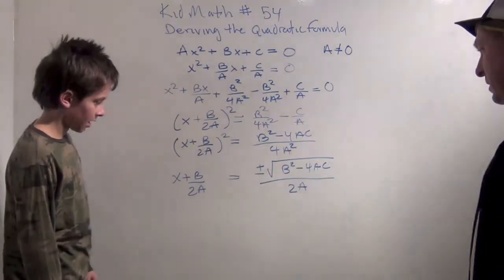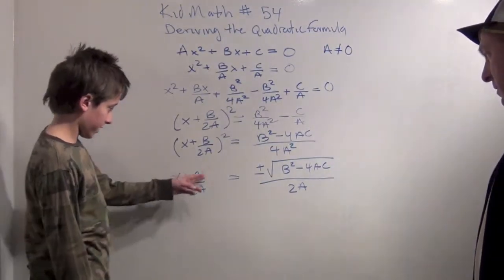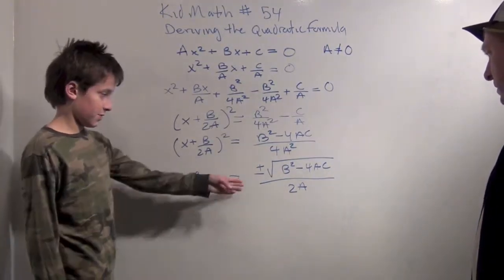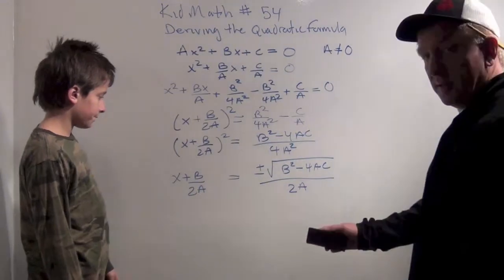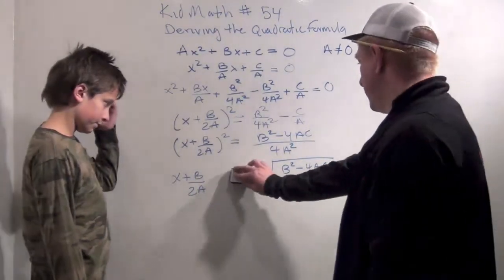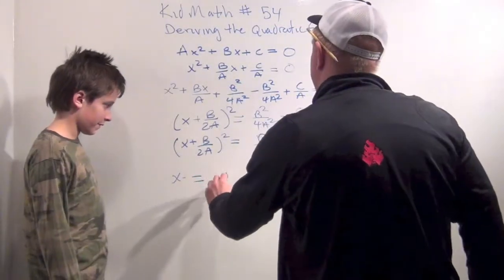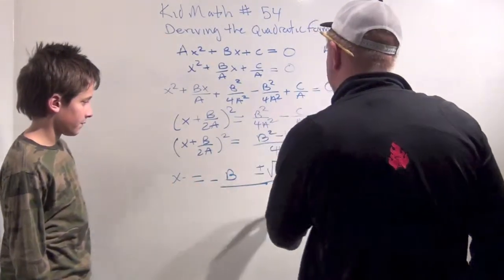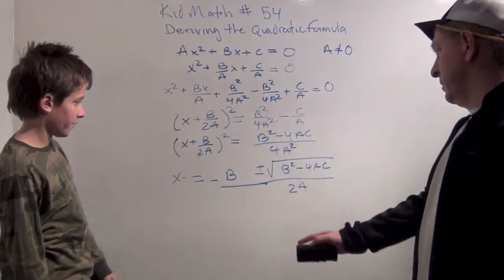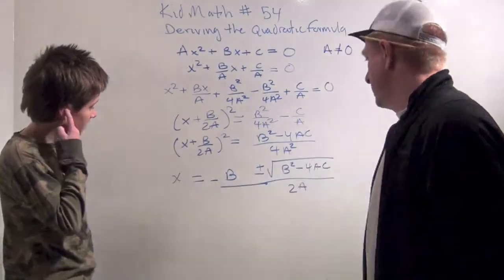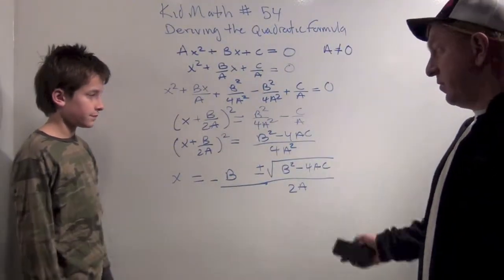Now we just have to bring this b over 2a to the other side. Again, since we're running a little tight on room, I'll just do that with the magic of the eraser and say x equals negative b over 2a, negative b plus or minus this. Okay, and this is our general formula.